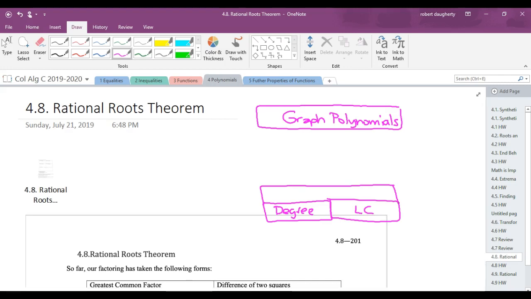The degree and the leading coefficient tell me what? Yeah, the end behavior, okay? So I had to use those things to get the end behavior, okay?